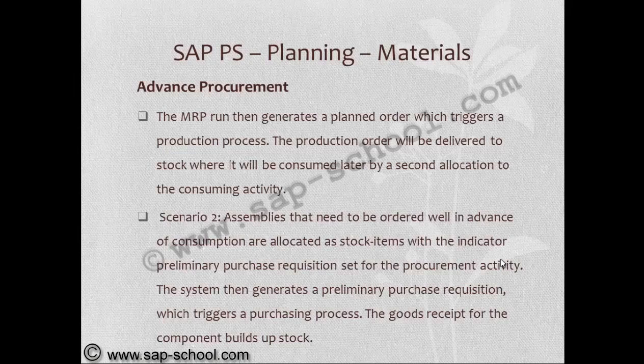The production order will be delivered to stock where it will be consumed later by a second allocation to the consuming activity. In the second scenario, assemblies that need to be ordered well in advance of consumption are allocated as stock items with the preliminary purchase requisition indicator set for the procurement activity. The system then generates a preliminary purchase requisition which triggers a purchasing process. The goods receipt for the component builds up stock.